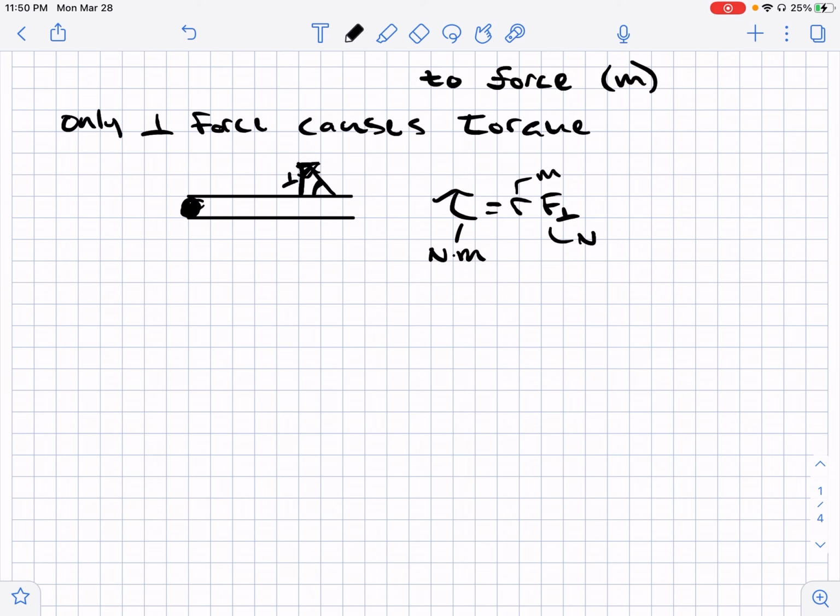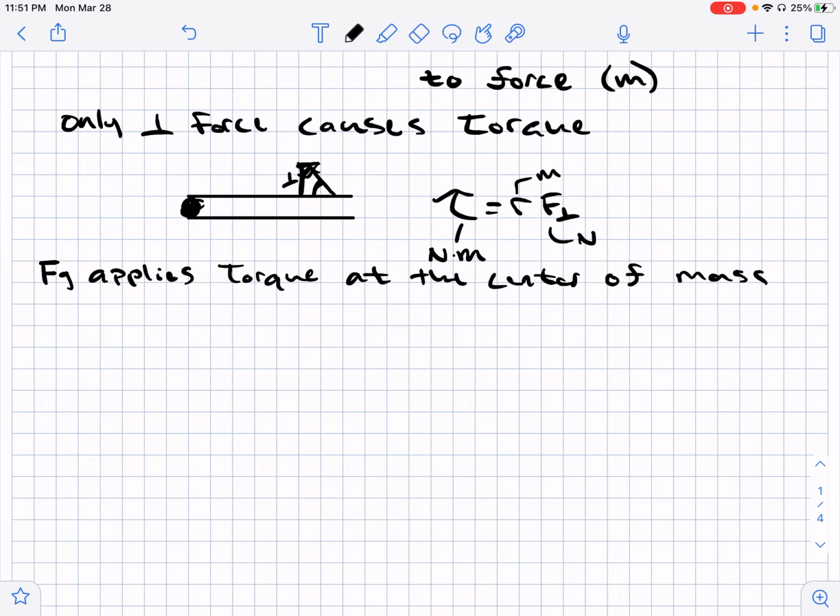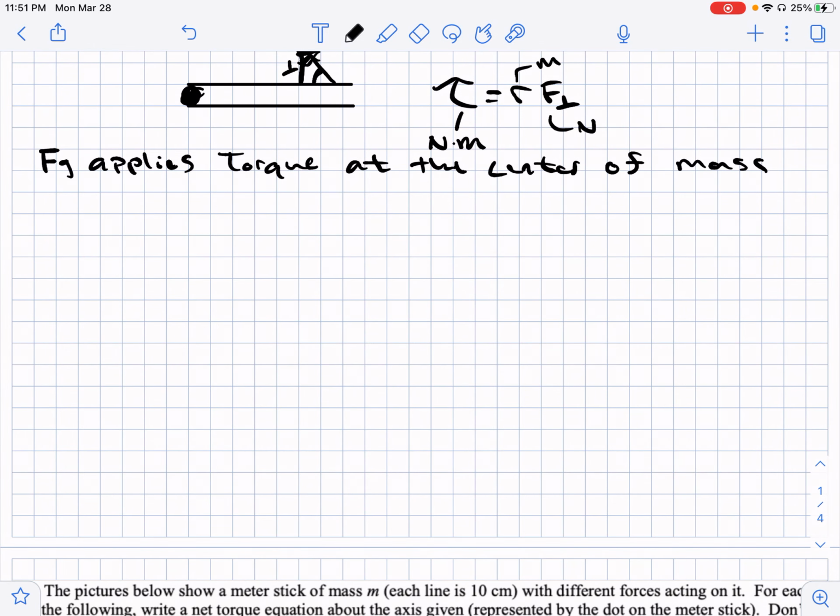Now, one thing to make note of is that your Fg, the gravitational force, does cause torque, but only at the center of mass. Let's say now we have a rod, and this time my axis of rotation is right here in the center.